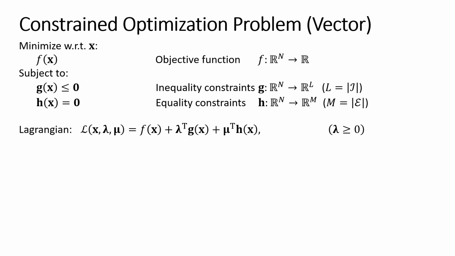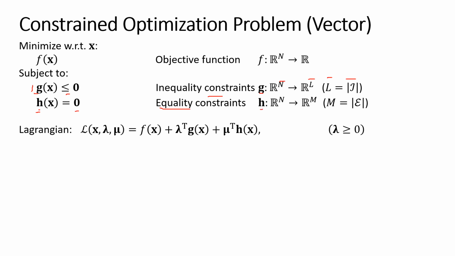The constraint optimization problem can be expressed more concisely using vector functions. So g(x) is less than or equal to 0, where this g is a vector function of inequality constraints, which is a mapping from n dimensions to L dimensions, where L is the cardinality of the set of inequality constraints. Likewise, h(x) is equal to 0, where h contains all the equality constraints.